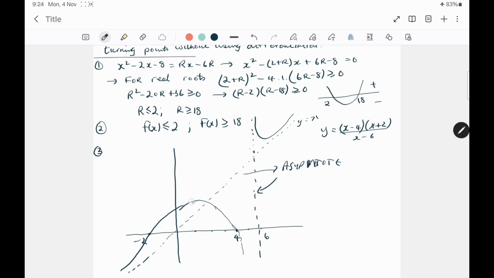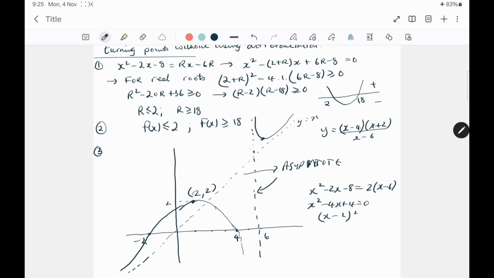Right, as for the turning points there and there, well, for the first part, the maximum value there is 2, so x² - 2x - 8 will have to be 2(x - 6). So that comes down to x² - 4x + 4 = 0, which is (x - 2)². So the coordinates of that are 2 and 2.